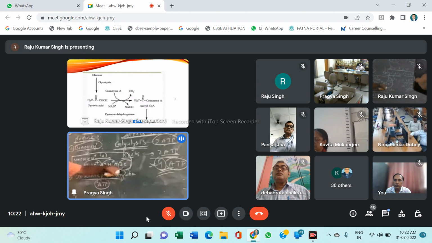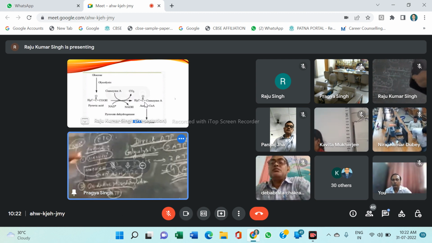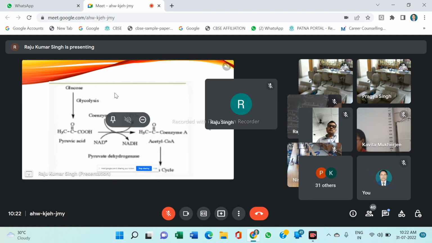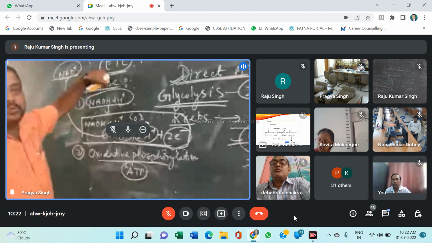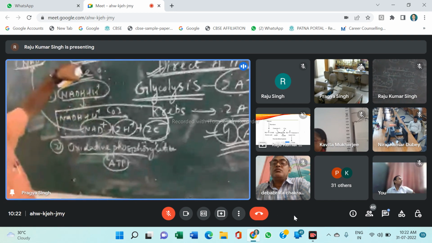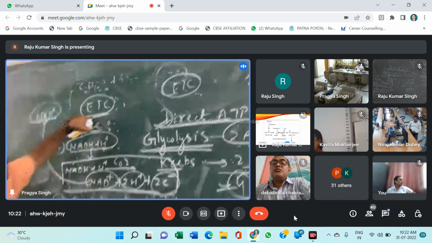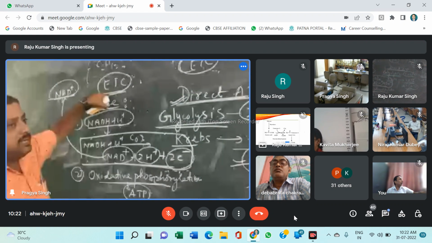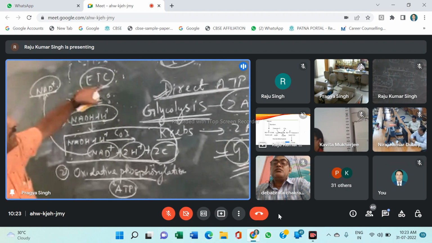These electrons move along the electron carriers. The electron transport system has different complexes: complex 1, 2, 3. There are 4 main complexes along with the 5th complex, which we call ATP synthetase. Among the 4 complexes, 3 are very, very actively involved.